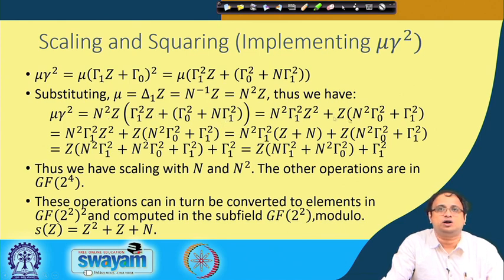Note that n cube is 1. So, I get gamma 1 square. So, this you can again write as n square gamma 1 square z square plus z into n square gamma 0 square plus gamma 1 square. This is just copying this result.